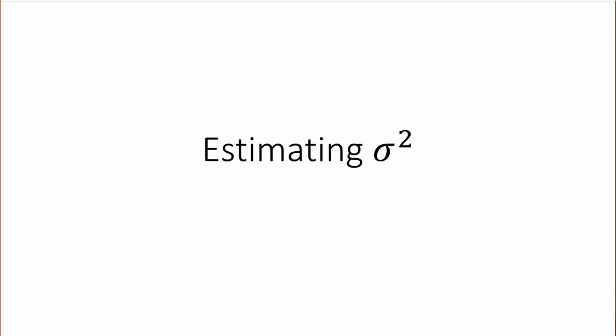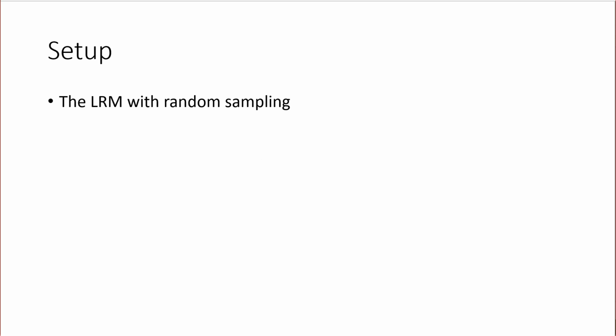So let's just start with a simple setup where we have a linear regression model with random sampling. At this point, no need to introduce any further assumptions of exogeneity or homoscedasticity. We can define S square just based on a random sample. This is how S square is defined.